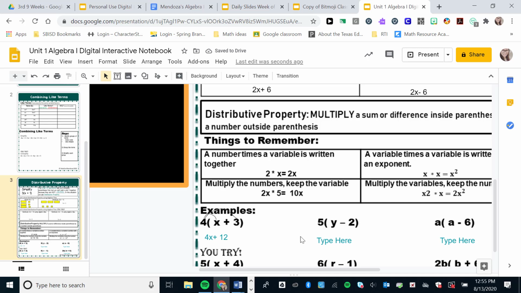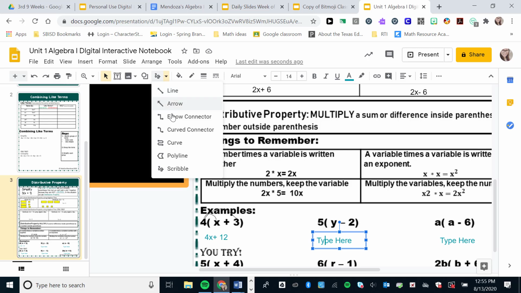Let's look at another one. If I'm going too fast, you can pause me, you can rewind me, whatever you need to do. All right, let's go to the next one. 5 times, so again, we have a parentheses, we have an expression inside of it, we have a number on the outside. So this should tell you that we are going to use distributive property.